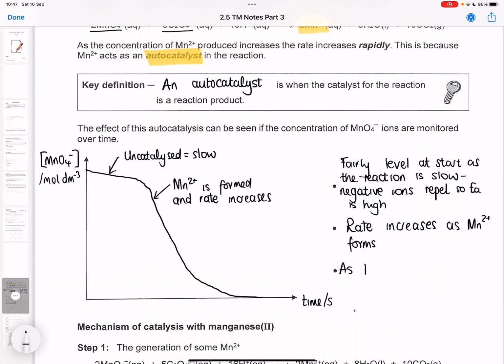That's as the MnO4-, the manganate, is used up. The reaction slows down and stops. Okay, so we've got these three parts of the curve. Now we need to be able to explain, using equations, what's going on in this reaction.